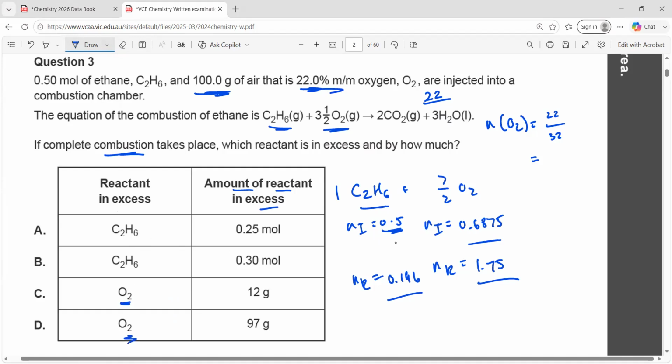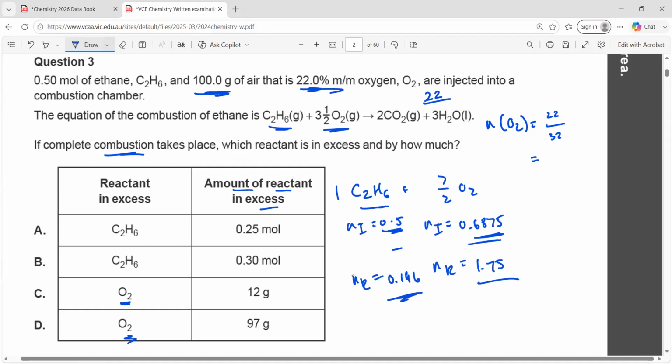We actually have to figure it out. And what you'll realize is that we've got more C2H6 to start off with. So I figured out 0.6875 because 22 divided by 32. Then you just times this by 2/7 to find out how many moles of ethane is actually required to react. And then it'll just be 0.5 minus 0.196, I think.